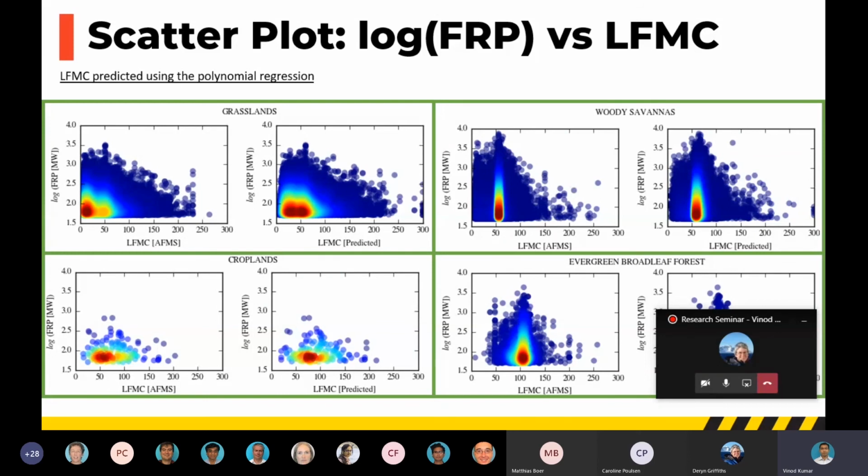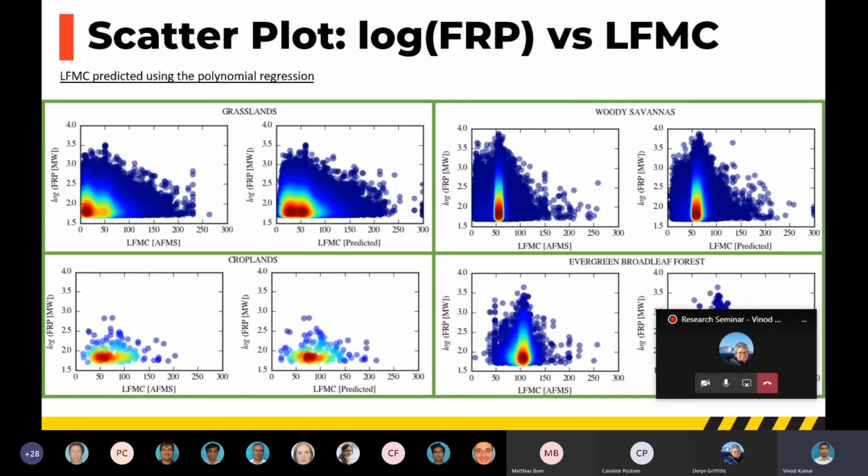So basically, this is a scatter plot against the fire radiative power, which is on the x-axis, and the fuel moisture content, the original and the predicted live fuel moisture content. The colors signify the density.